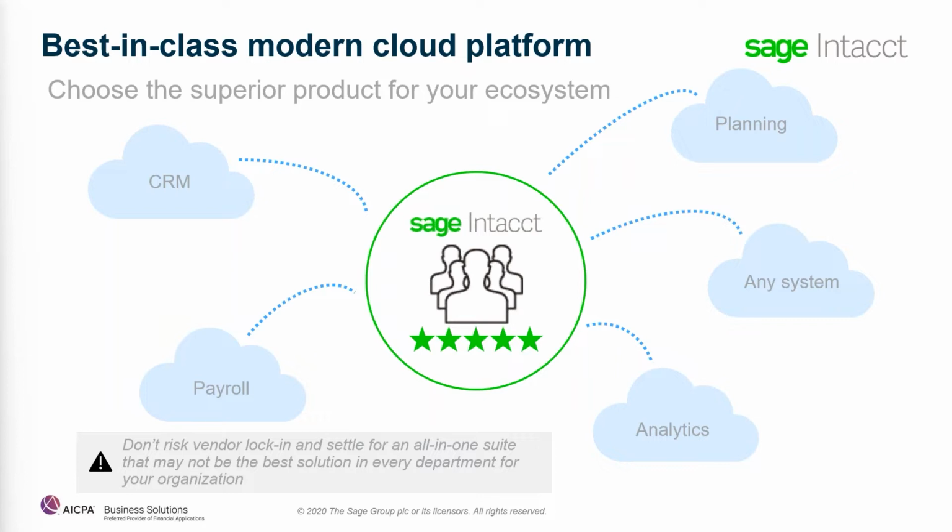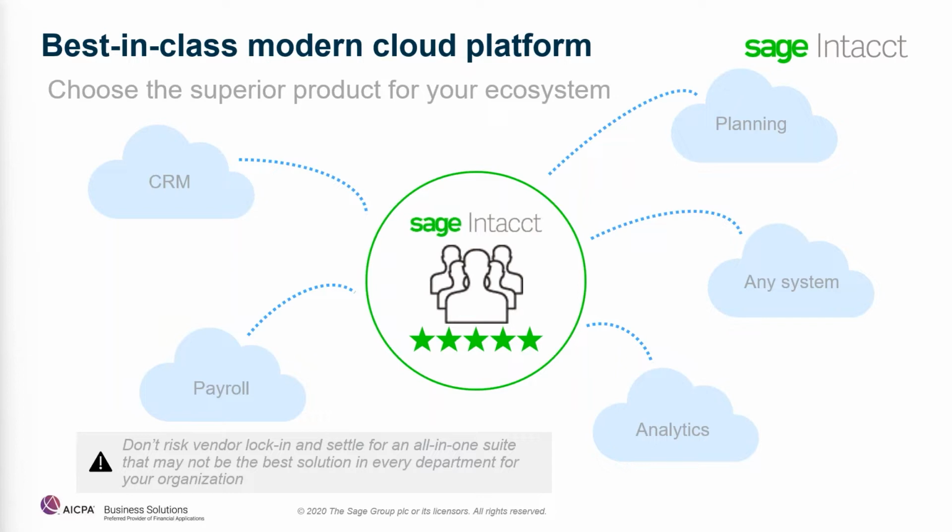We already have pre-built integrations with them. There's actually already over 250 pre-built integrations with Sage Intacct, and that is all due to what is called our open API. And that's going to allow you to connect to any number of different systems.